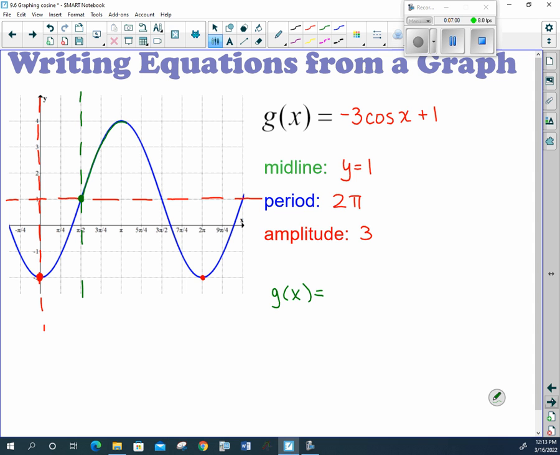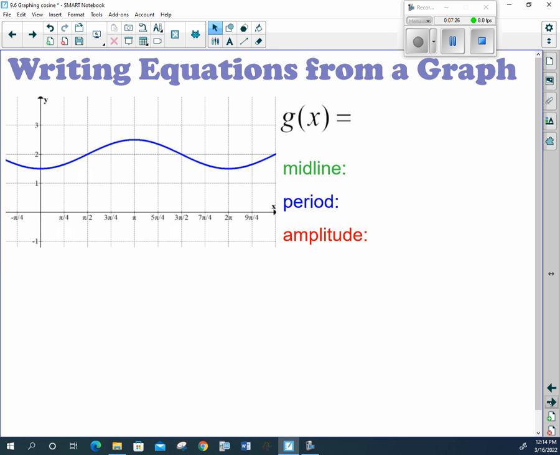So I would say 3 sine, and then we're going to have our phase shift, x minus, how far did we shift to the right? Pi over 2, and then plus our midline. So that's another correct answer. Like I said earlier, I like to do the ones where I don't have to do a phase shift, but both of those are correct answers.